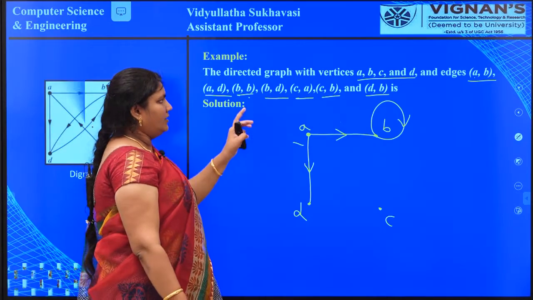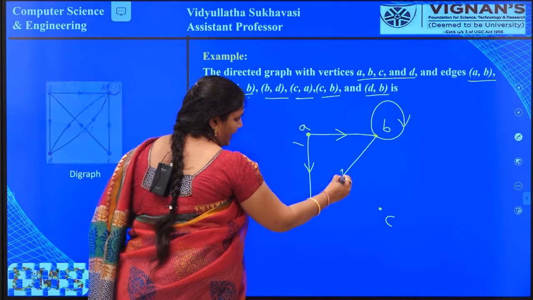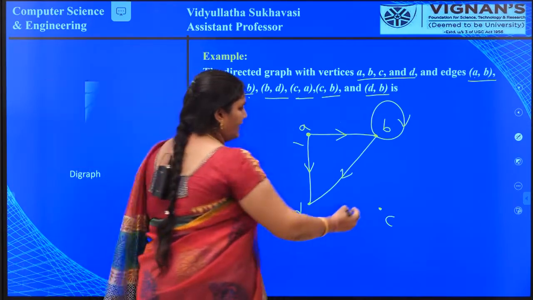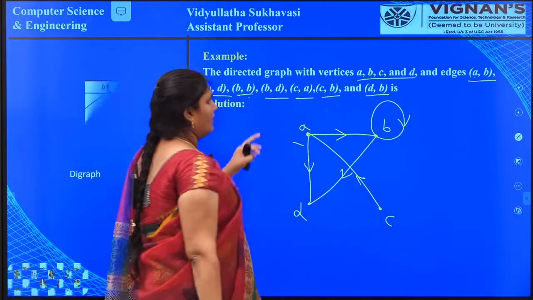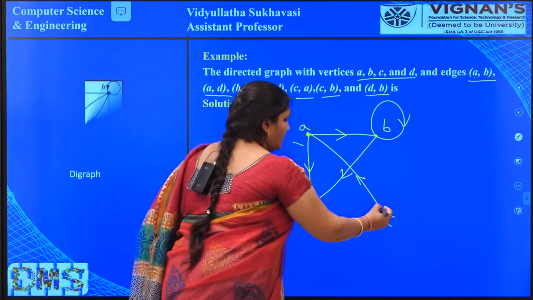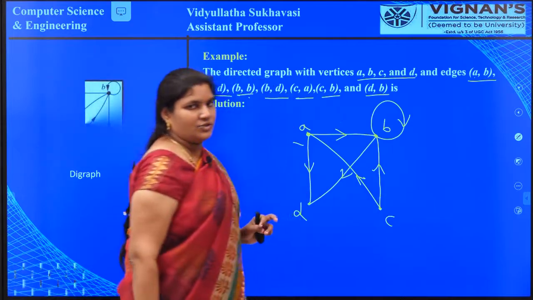Next B comma D. From B we are moving to D, and we need to specify the direction. Next from C to A. And next the ordered pair C comma B. From C to B we are moving, so we need to specify the direction also.